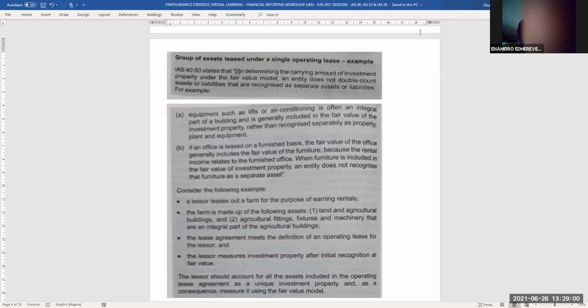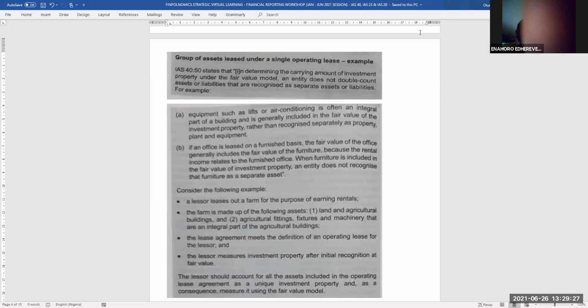Consider the following example. A lessor leases out a farm for the purpose of earning rentals. The farm is made up of the following assets. 1, land and agricultural buildings. 2, agricultural fittings, features, and machinery that are an integral part of the agricultural building.